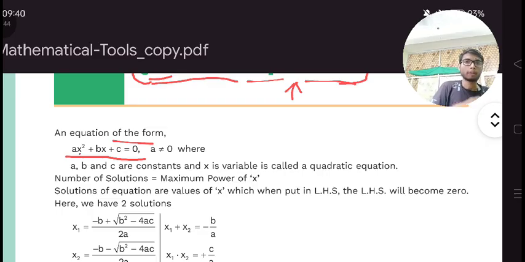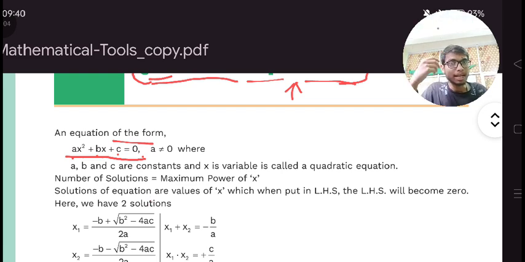Look over here. What is the number of terms in this quadratic equation? You would say this one, this second, this third, and this fourth. There are 4 terms. Yeah, you are correct. All people are correct. There are 4 terms.